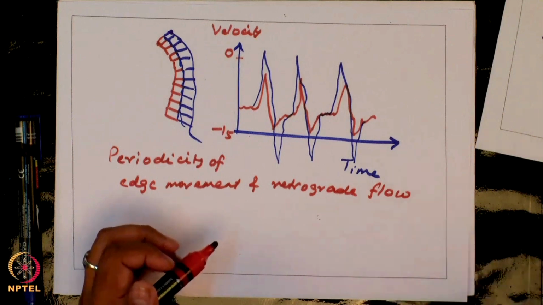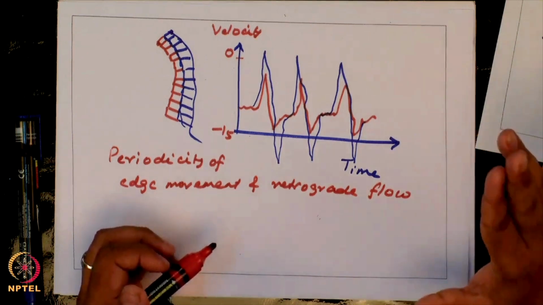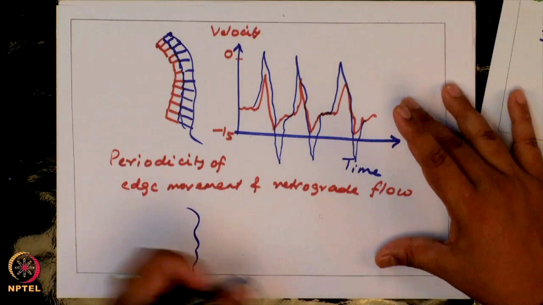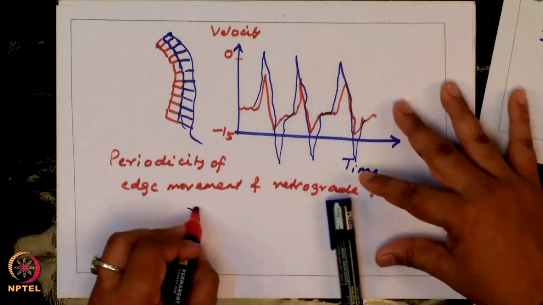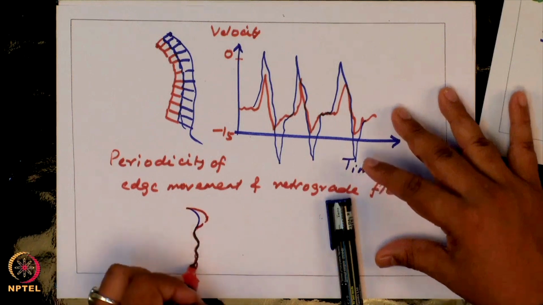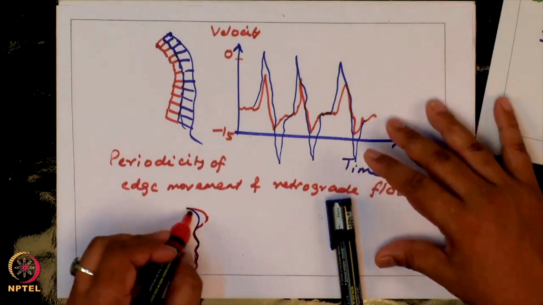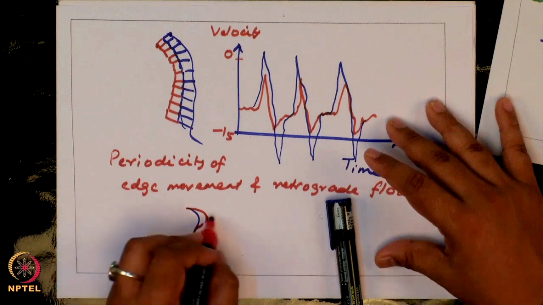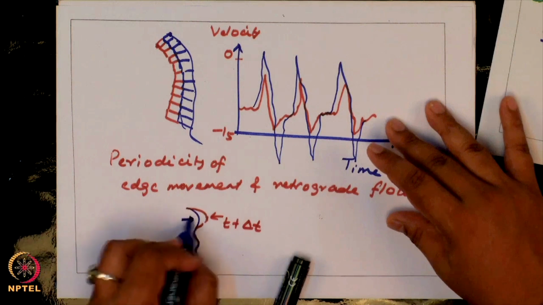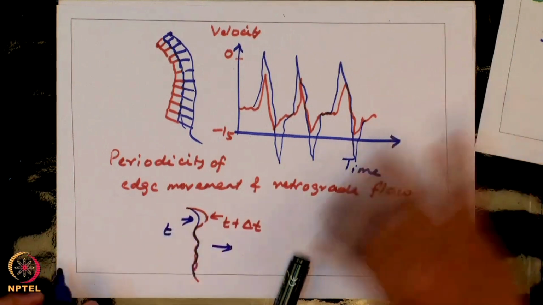So, this suggests there are two possibilities, if these were perfectly correlated. You have the leading edge at a given time step, and from this you had this local protrusion. I am overlapping the leading edge membrane at two different configurations. This is T plus delta T and this is T. The cell is moving in this direction.